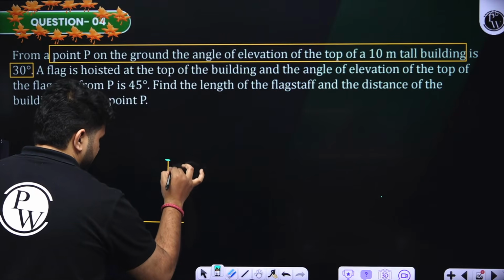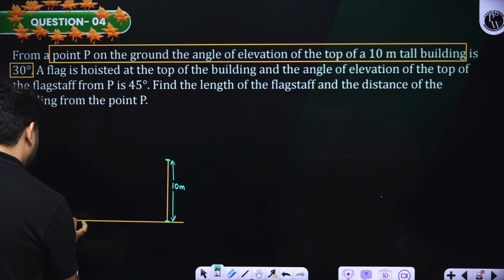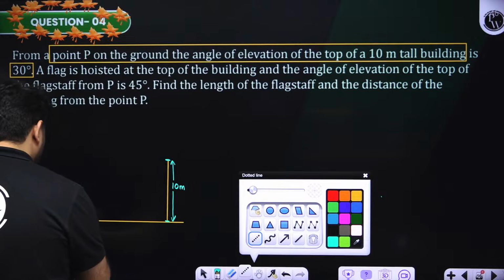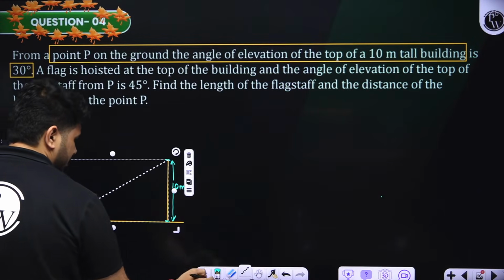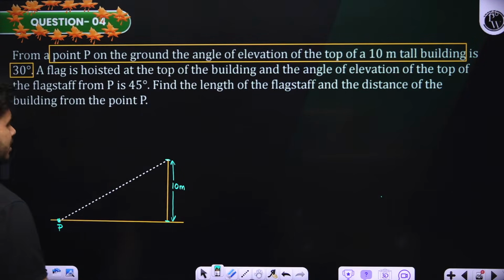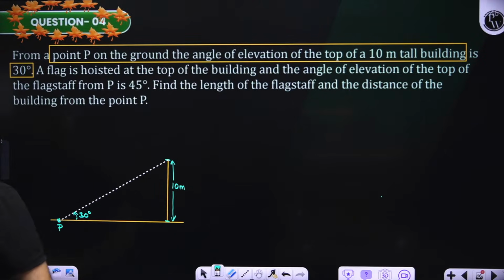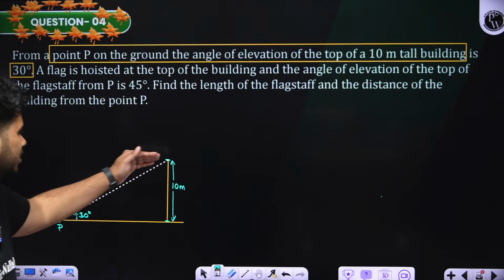A point P is there over here and the angle of elevation starting from here to the top of the building, they are telling that it is 30 degrees.